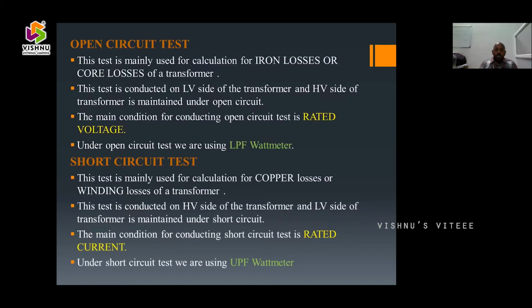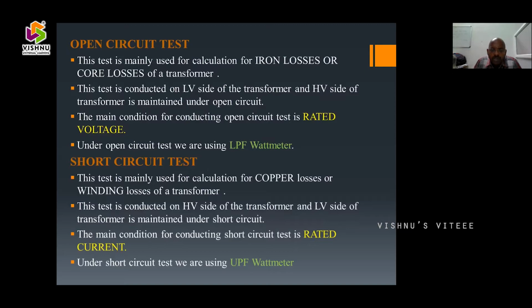First, the open circuit test. This test is mainly used for calculation of iron losses or core losses of a transformer. Under the open circuit test, whatever power is drawn by the transformer is completely used for creating the iron loss or core losses.